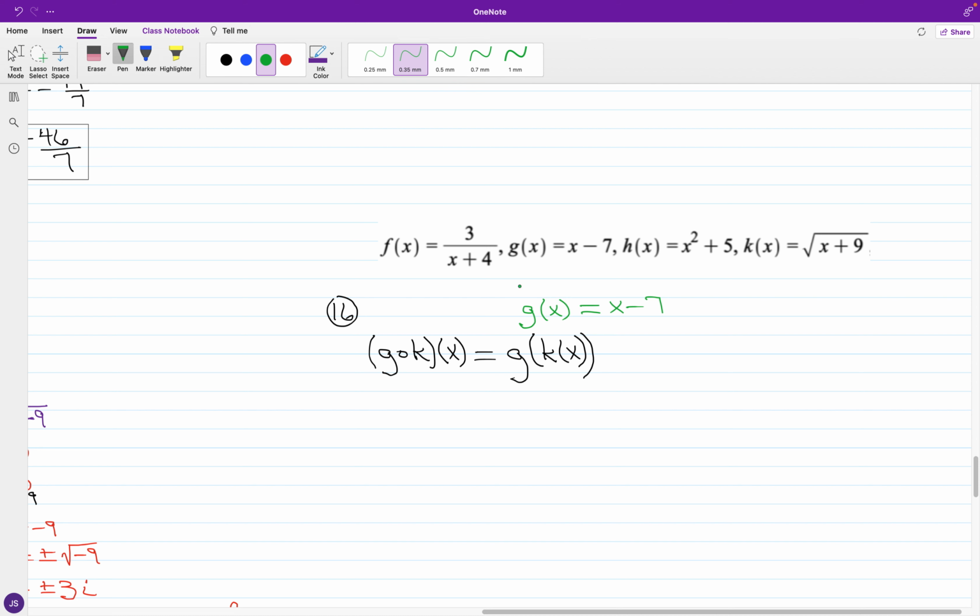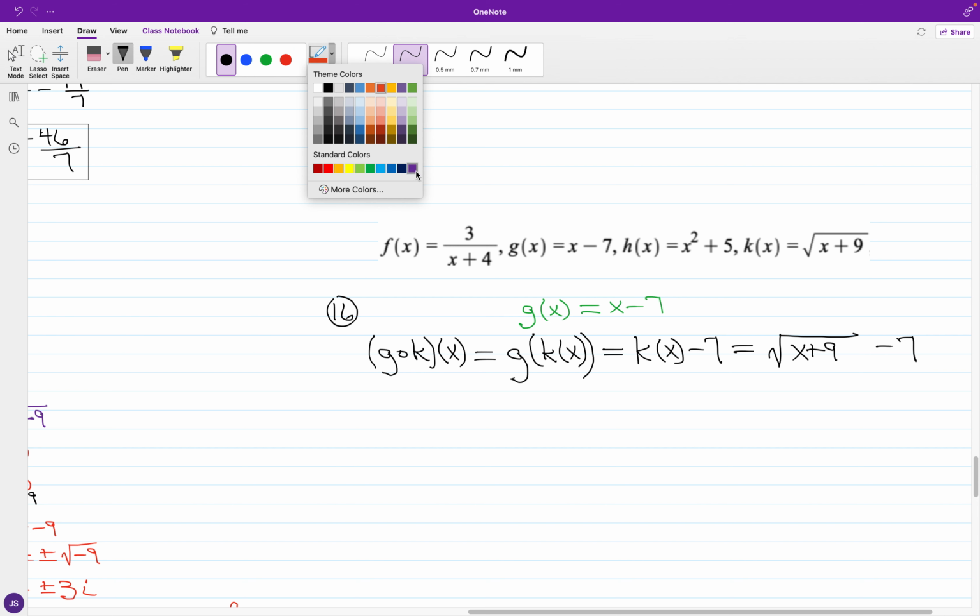In this particular case, the input is K of X. So G of the input minus 7, and with K of X, you have the square root of X plus 9, followed by the subtraction of 7. So we have the square root of X plus 9 minus 7. This part is going to be the final output.